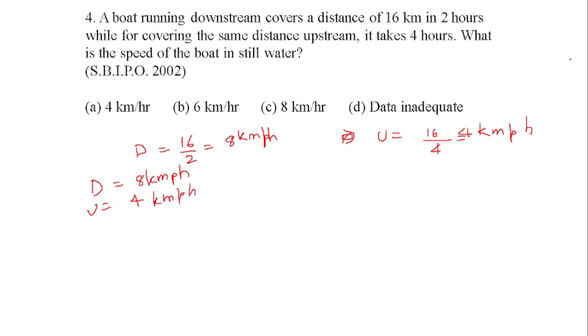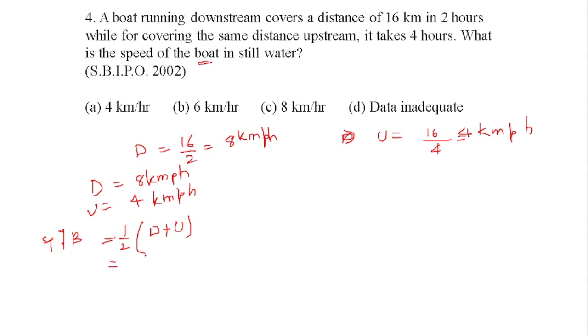What do we have to calculate? The speed of the boat. How do we calculate the speed of the boat? Half into the addition of downstream and upstream, making half of it, you will get the speed of the boat.